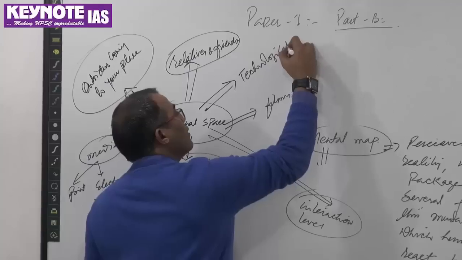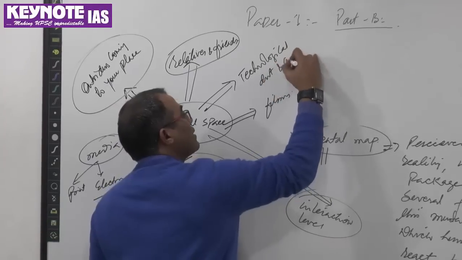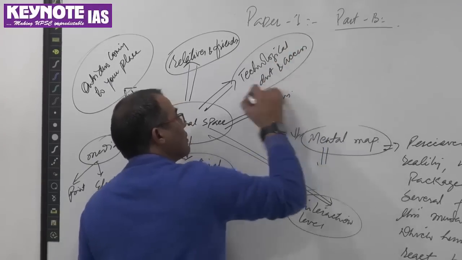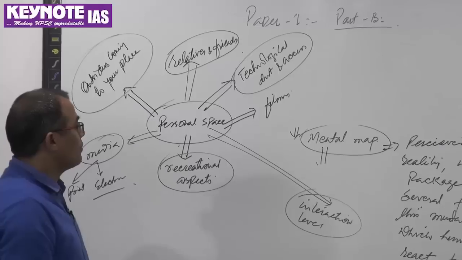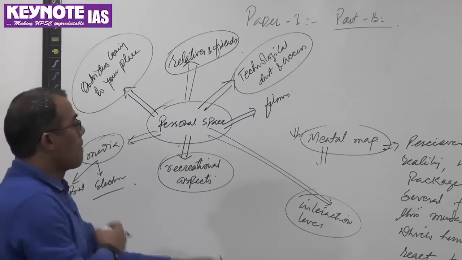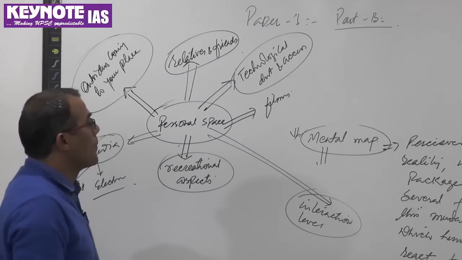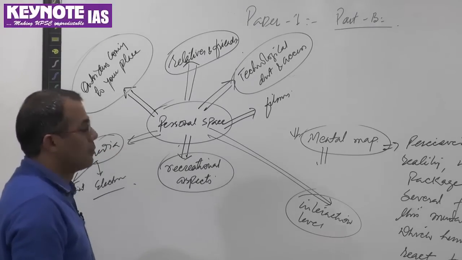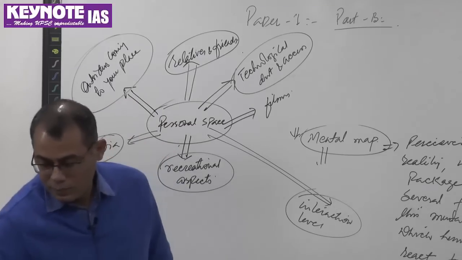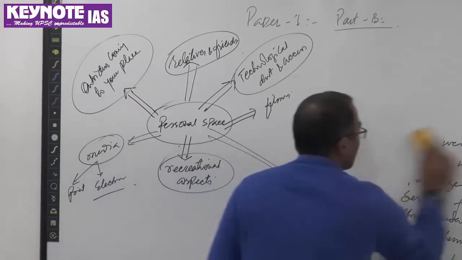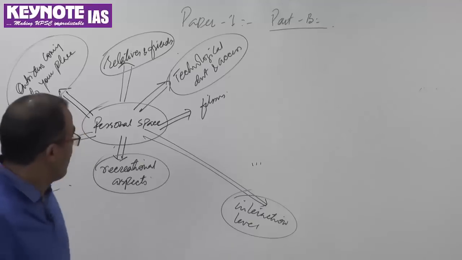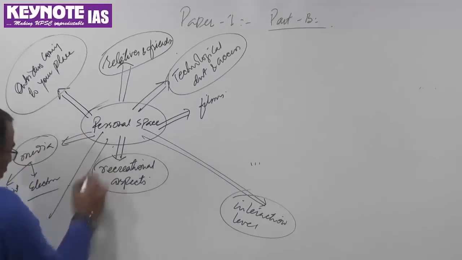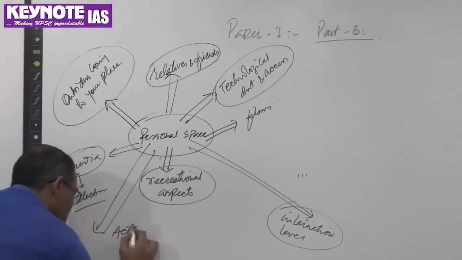Technological development and access to it, level of access. Then active pressure groups.